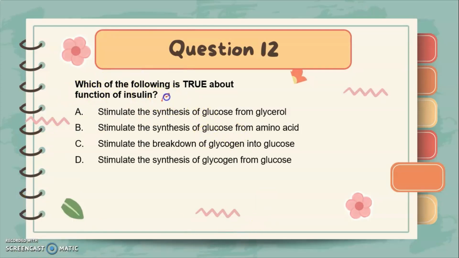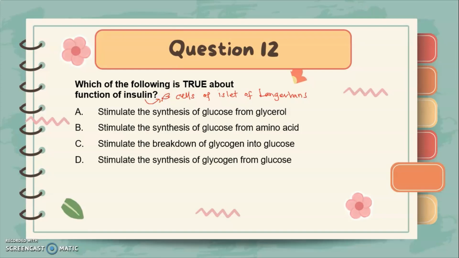Beta cell of islet of Langerhans. Okay, so apa function insulin ni? Okay, so insulin secreted by beta cell of islet of Langerhans.